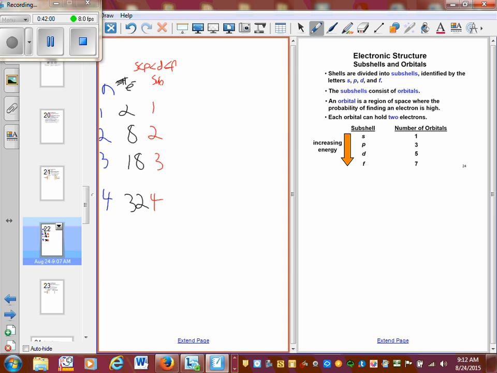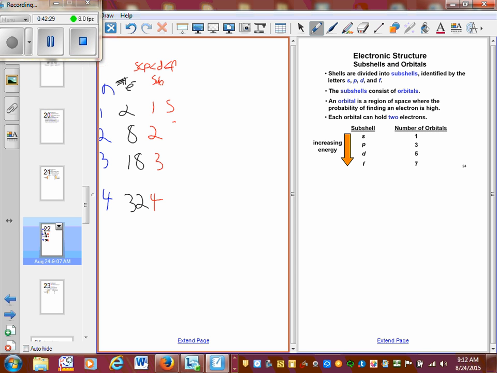So, principal energy level 1 has 1 subshell. What's the lowest energy subshell? S. So this has an S. Principal energy level 2 has how many subshells? 2. What's the lowest energy? S. What's the second lowest?